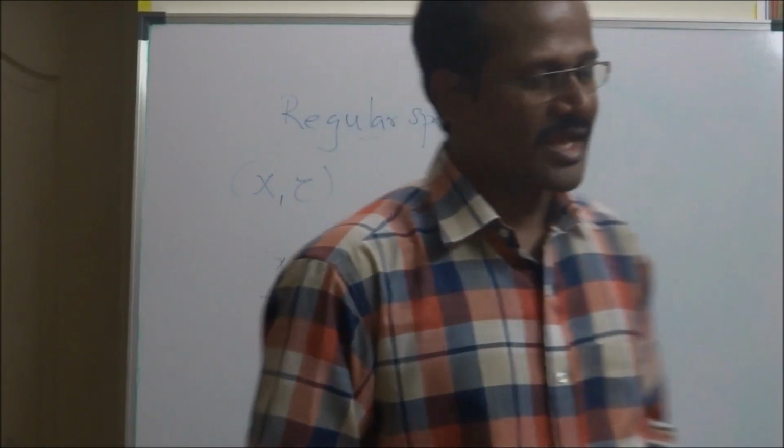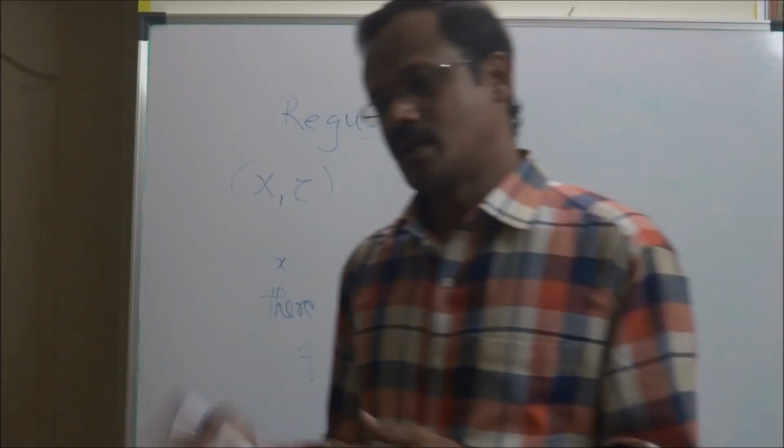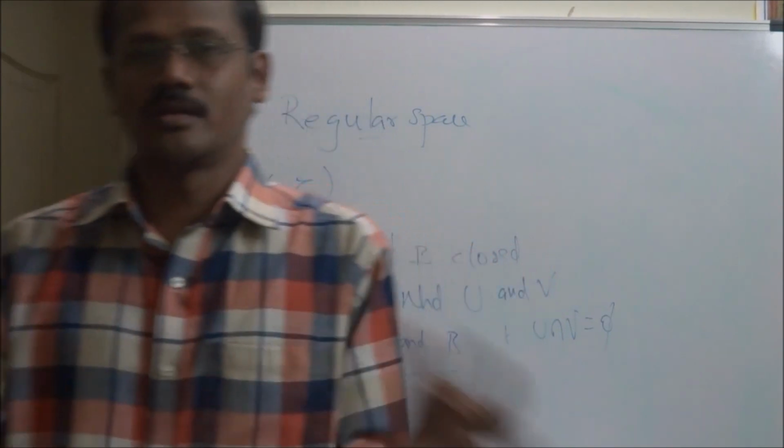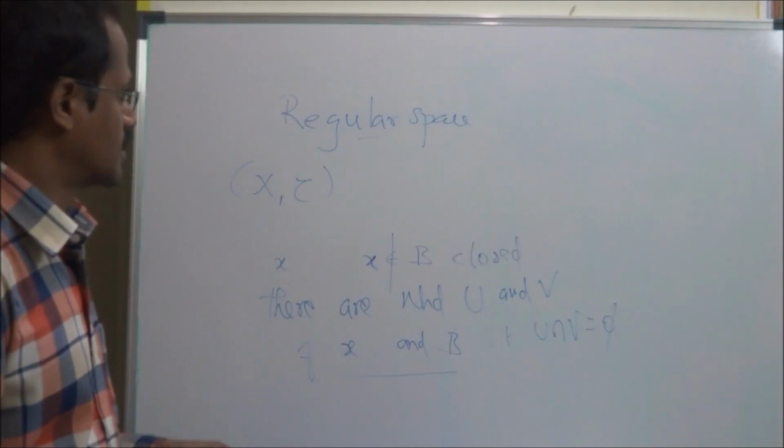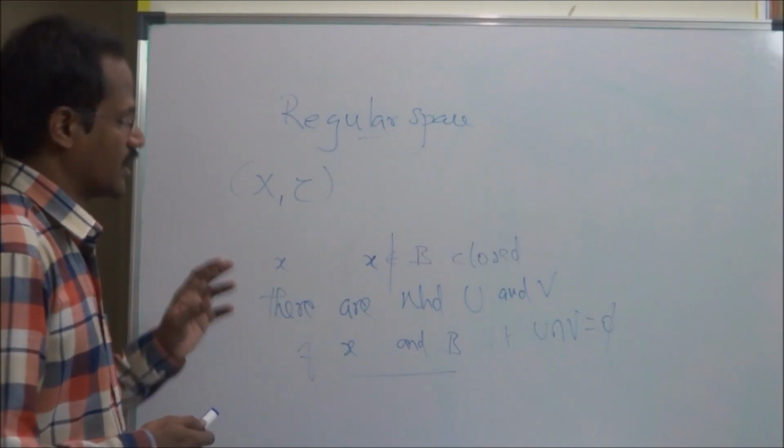That means, given a point and a closed set not containing the point, they can be separated by means of disjoint open sets. Such a space is referred to as a regular space.